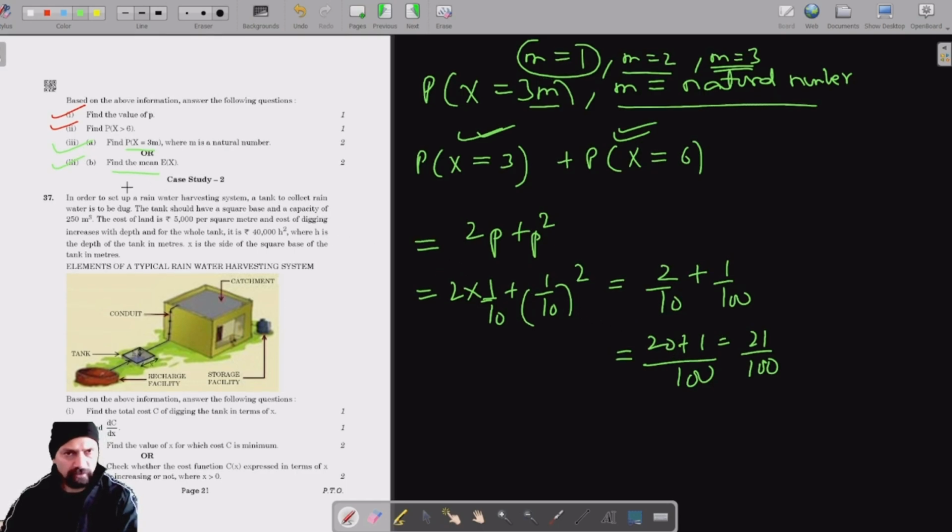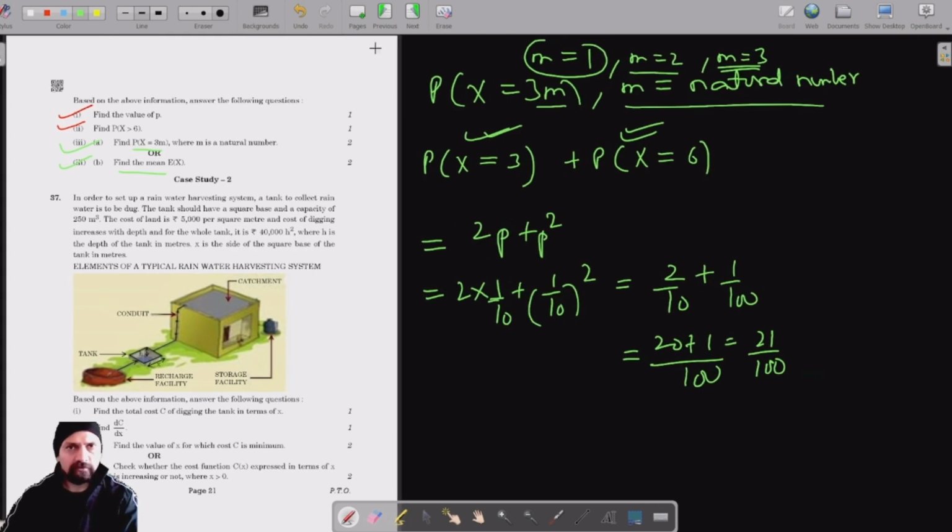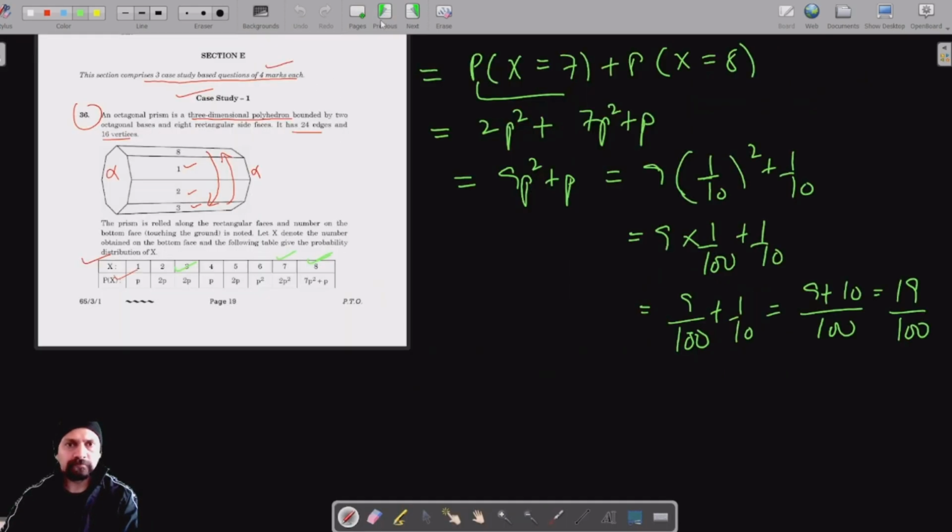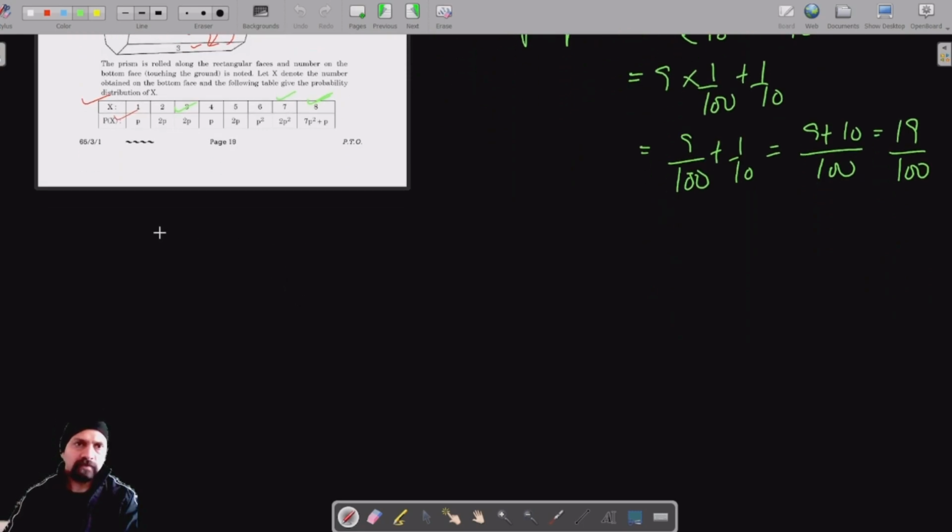Now we have to find the mean of x. So mean of x, and this is the last part, that is the mean of x. So mean of x is denoted by E of x, and that is the sum of the product of the random variables with the respective probabilities.